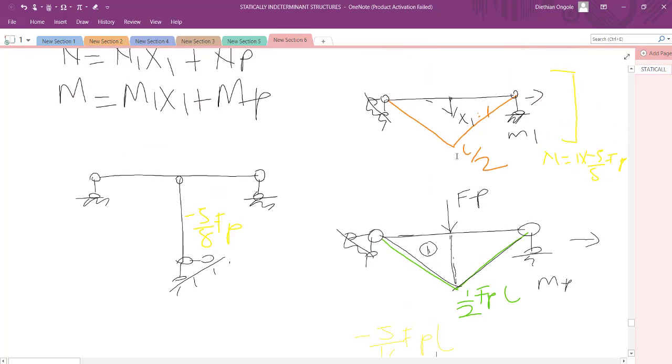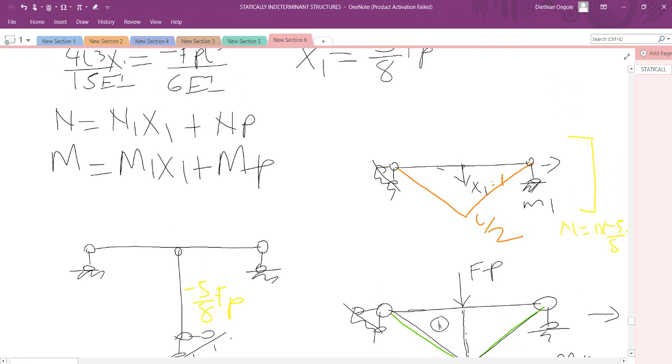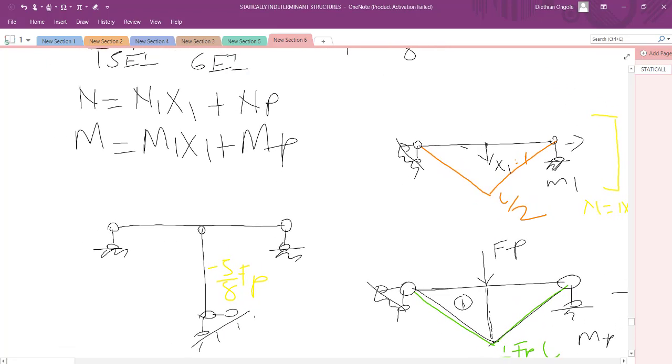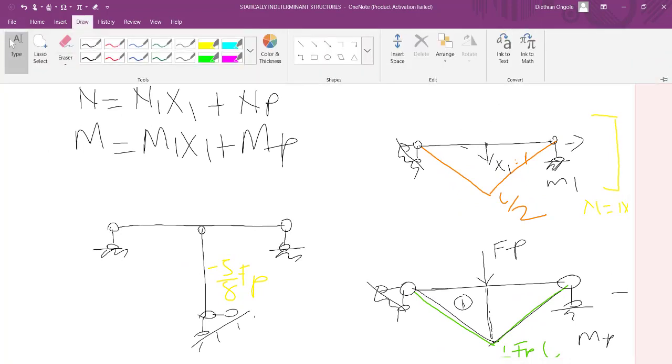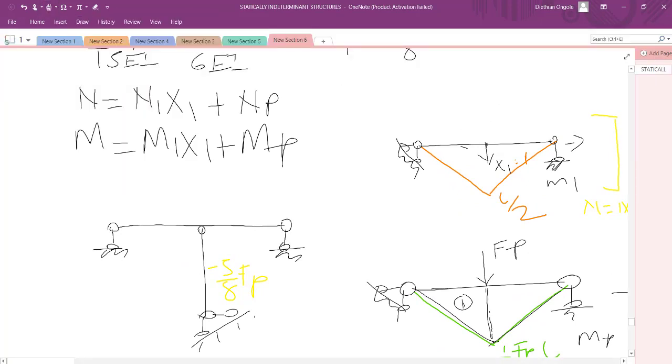Since it's negative, it is supposed to lie on the upper side of the drawing.